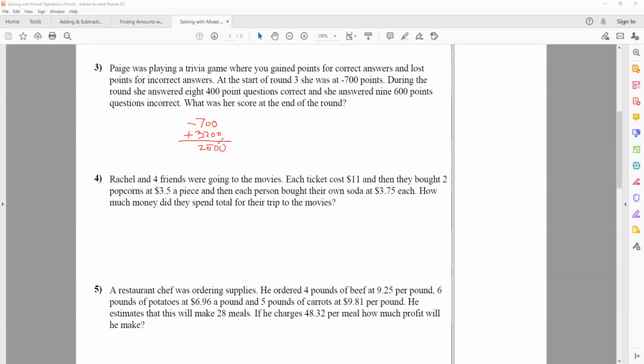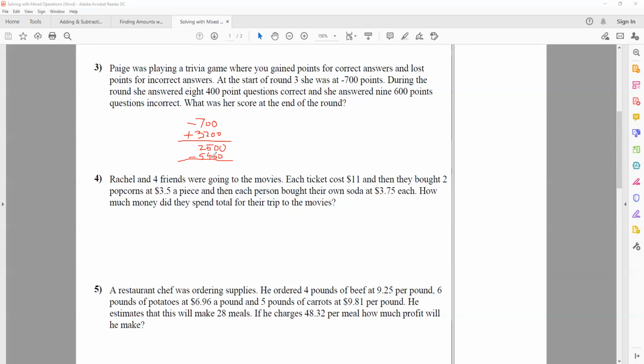And then what's the next thing? And she answered 9 600-point questions incorrect. So that will be what? 5,400? Yes. And then when you do incorrect, you do what? Addition or subtraction? Negative. Okay, so 2,500 minus 5,400 is going to be what?